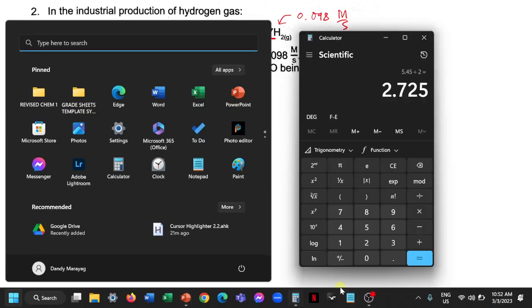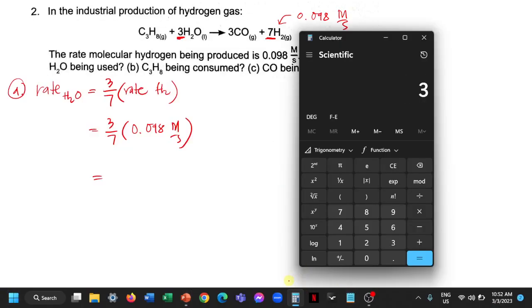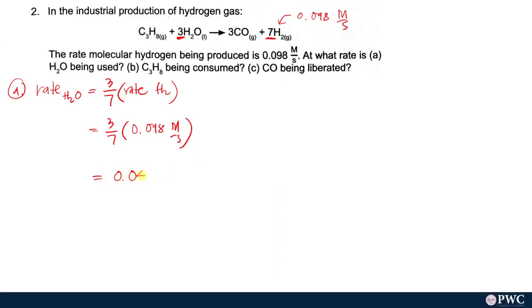Let's use our calculator for this. We have 3/7 times 0.098. We have 0.042, 0.042 molar per second. That's the rate of H2O.